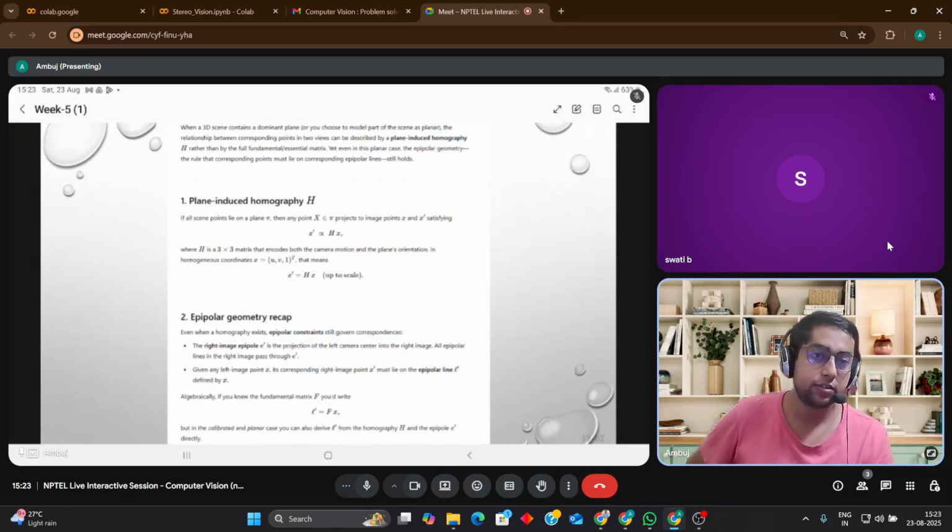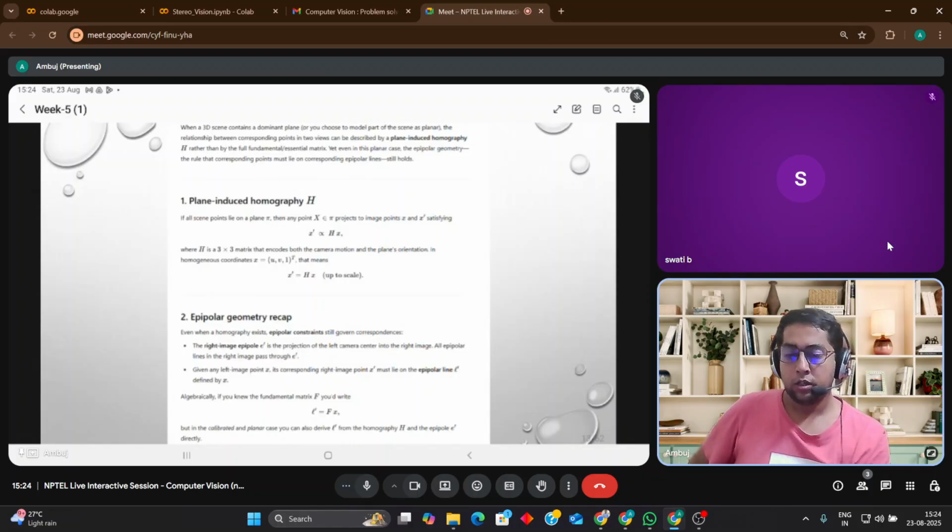I have prepared some Google Colab notebooks, and I'll demonstrate how these concepts are dealt with practically. For the past 3 sessions, we have been dealing with the concepts of stereo vision: what is the epipolar line, how you do this, and what is triangulation. Each and everything we'll see. First let me complete this assignment, these questions, and after that I'll show you in great detail.